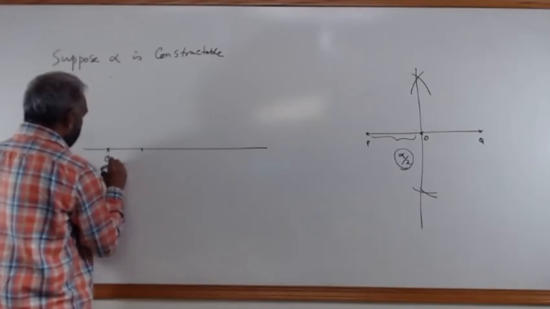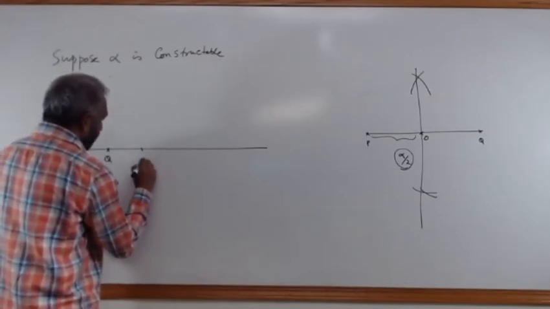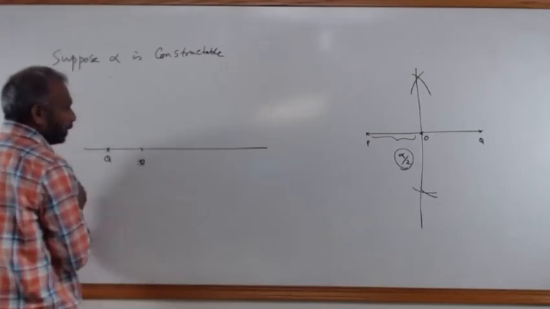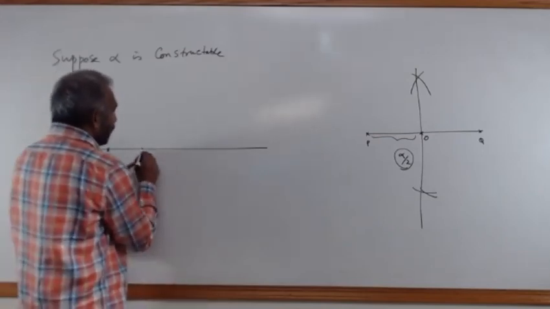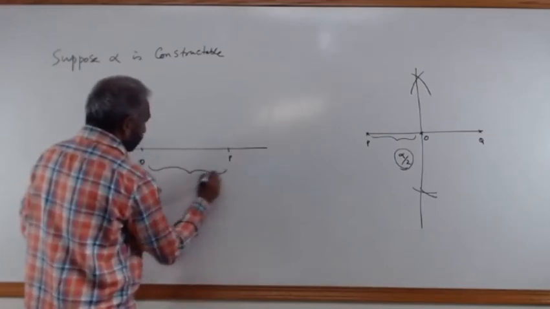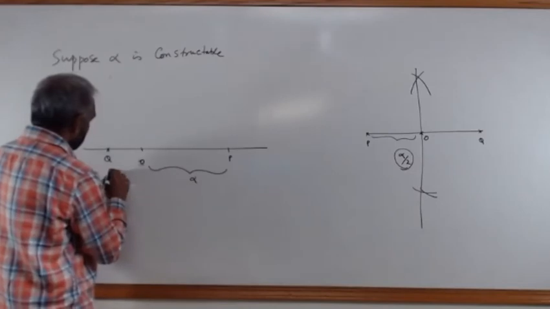This is our Q, this is our P, or this is our O. Let's take O. And from O, mark the point alpha. This is 1.